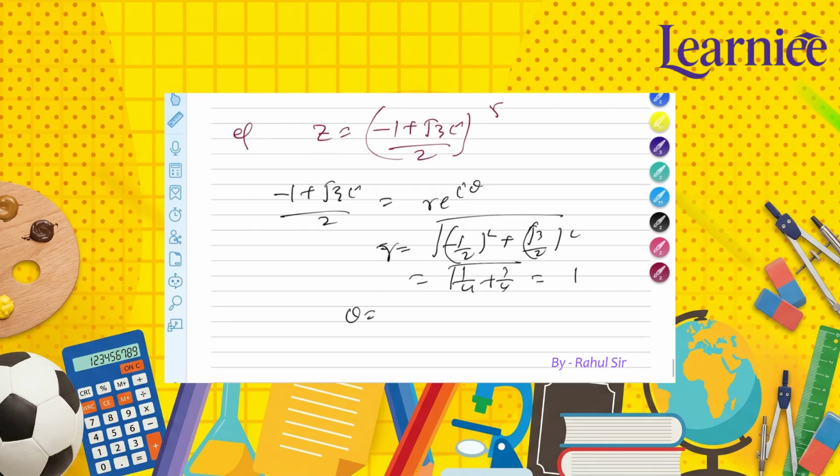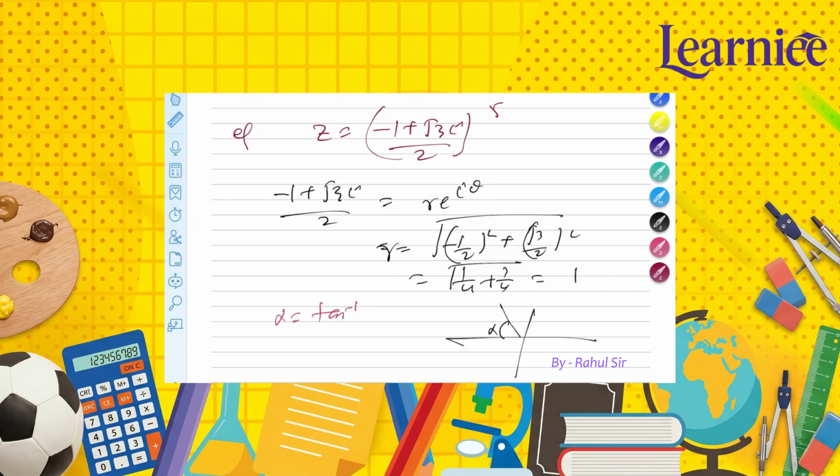What about theta? Which quadrant does it lie in? For minus 1 plus root 3, it lies in the third quadrant. First we will find the value of alpha.